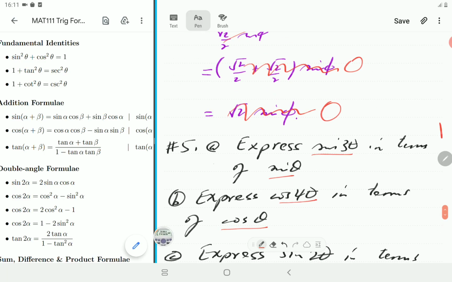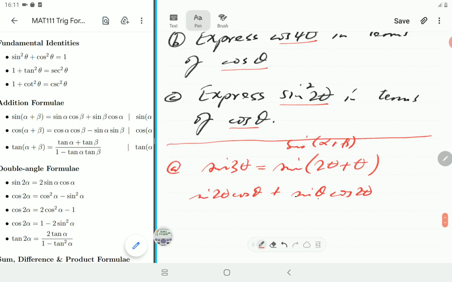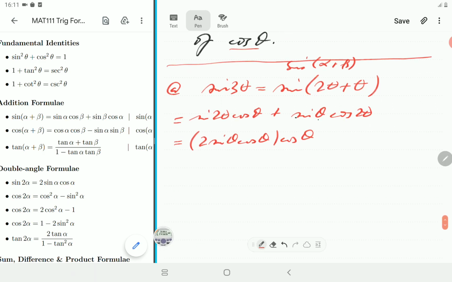Now remember, we want to write everything in terms of sine at the end of this. So in the next step, sine 2 theta, there is only one formula for that. So we're just going to write that as 2 sine theta cos theta. Then this is multiplied by cosine theta.